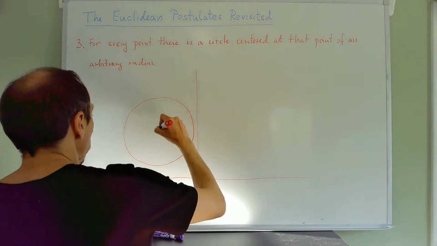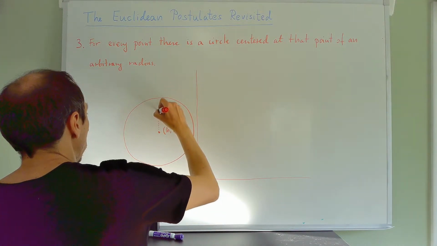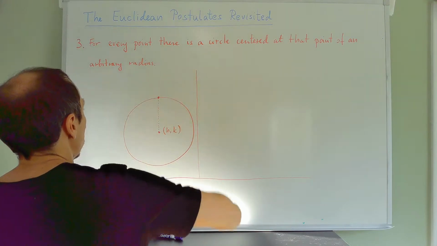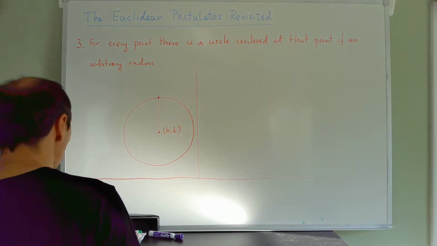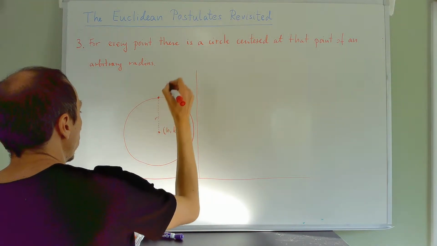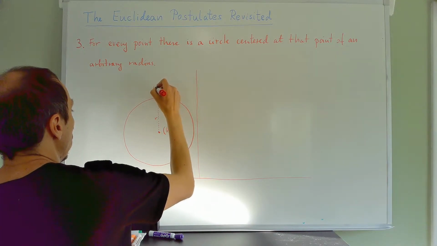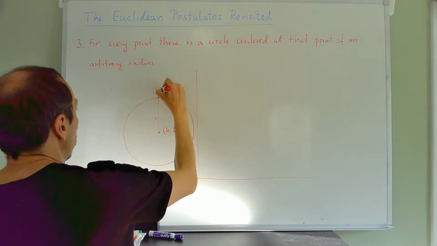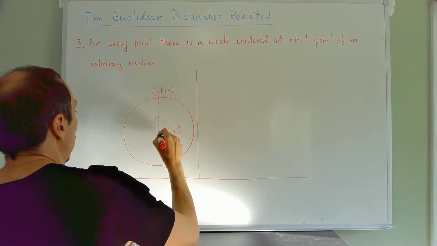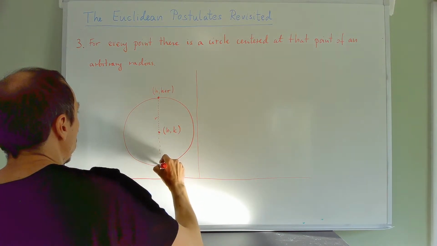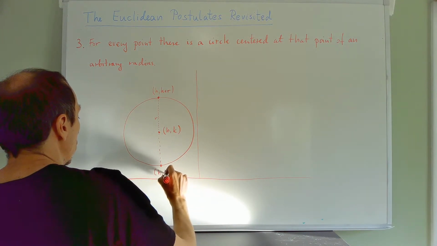So if I now look at the point directly above it, so let this be this Euclidean circle, let's say it's of radius r. So that is k plus r. And the point directly below it is k minus r.